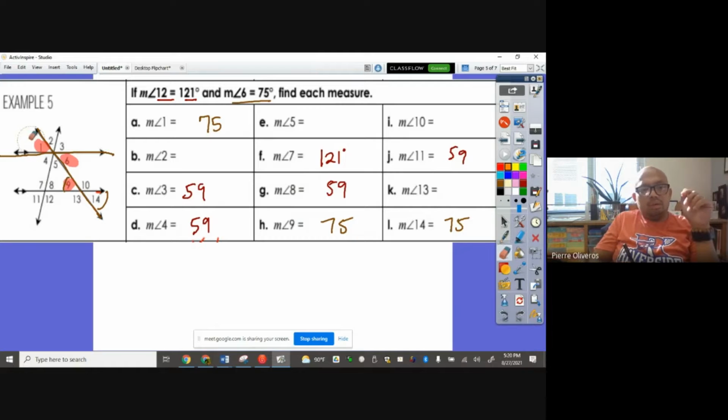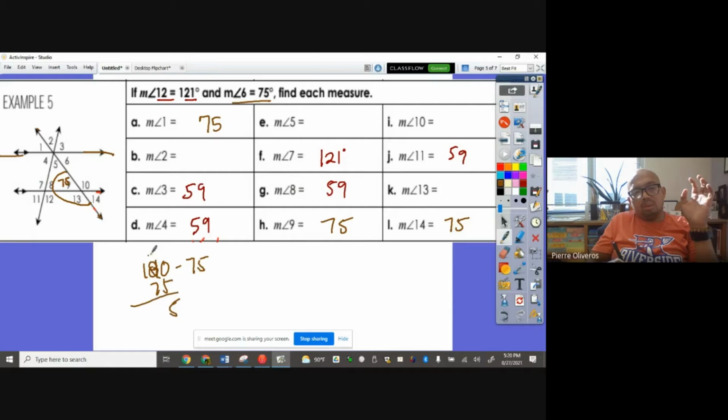So now, since we know that angle 9 is equal to 75, what do you know about this side here? They are a linear pair. Linear pairs are supplementary, so 180 minus 75 will give us 105.